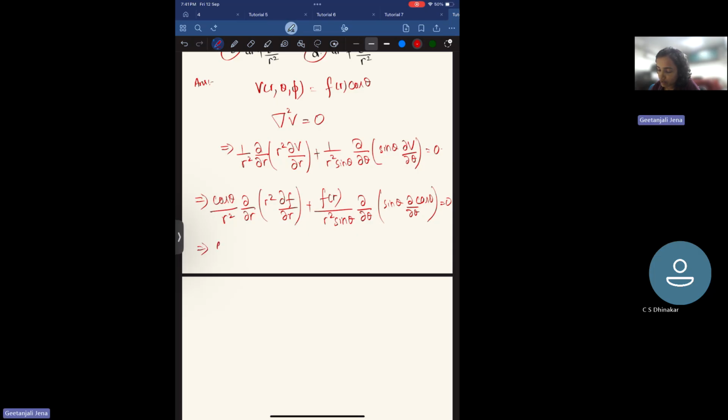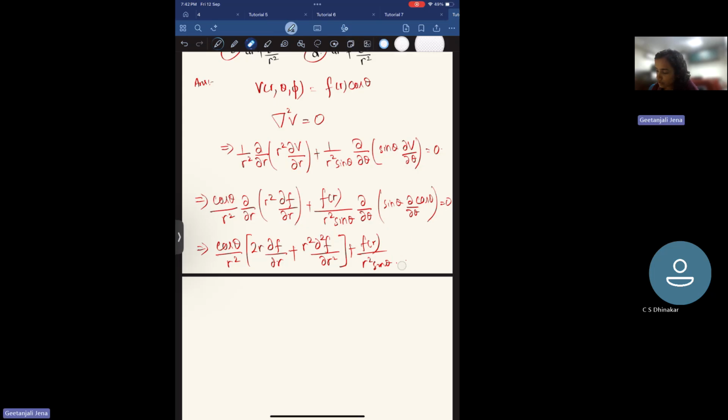So we will simplify it further. This will give 2r dou f by dou r plus r square dou square f by dou r square, plus f of r over r square sin theta, dou by dou theta.